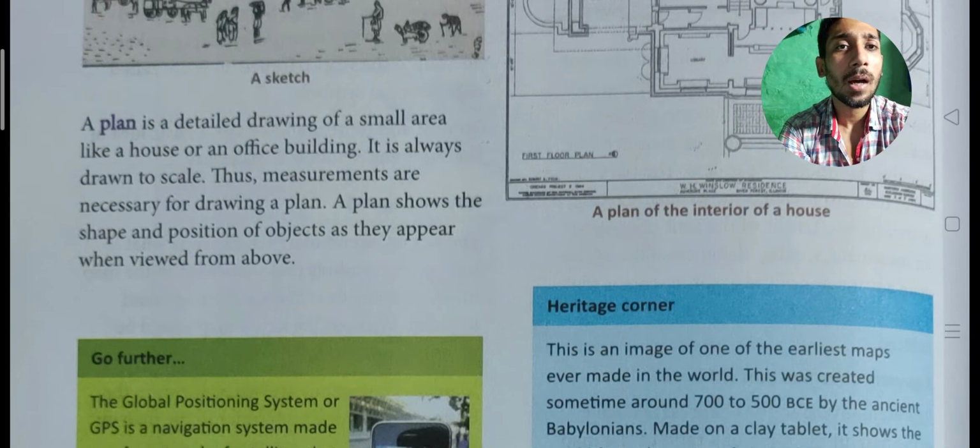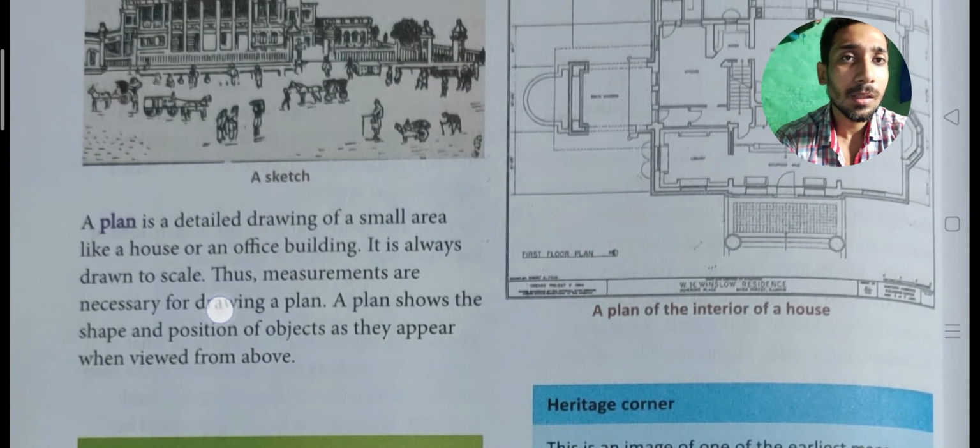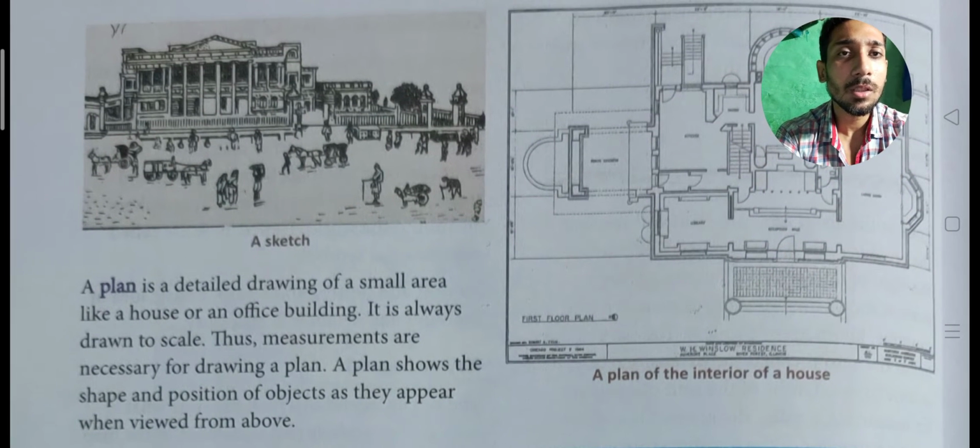So in a plan, everything is in a detailed manner, as it has been drawn to a scale, not like a sketch. You can see the sketch is just above the plan. So what is a sketch? It is a drawing of a particular place without any scale and without any particular description.